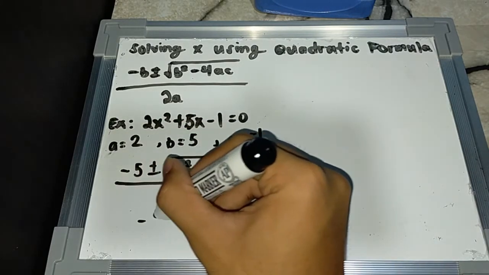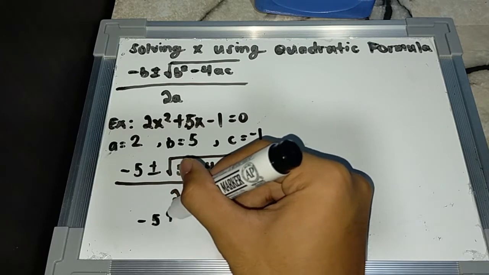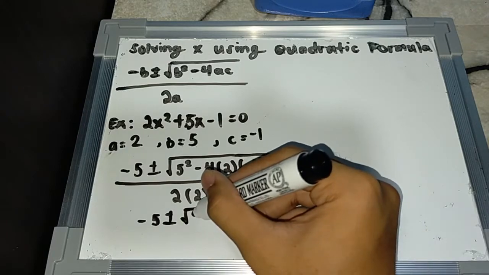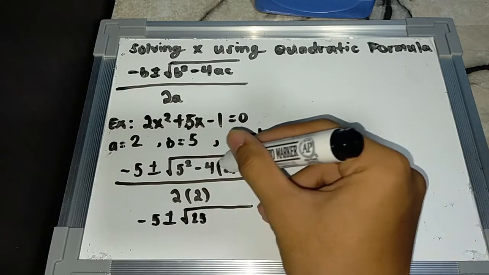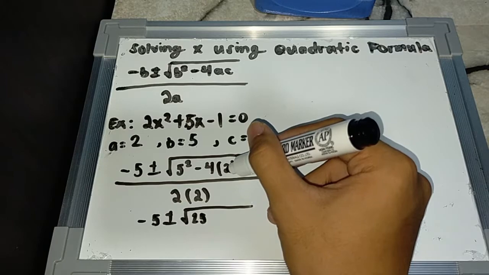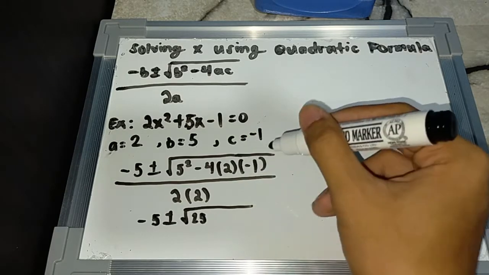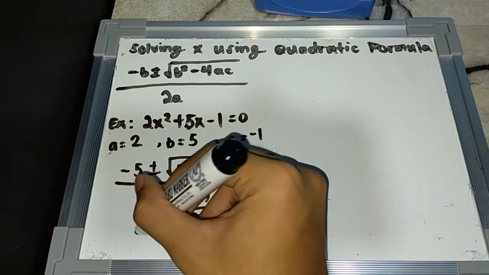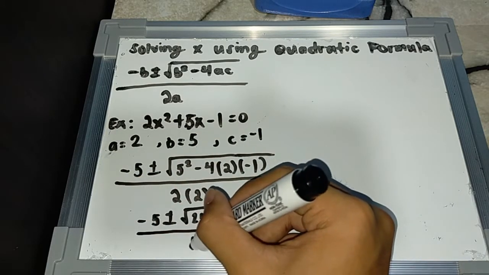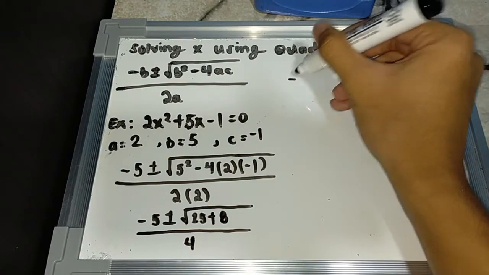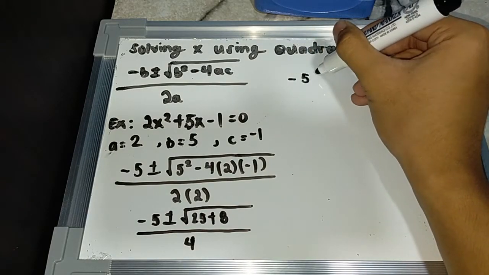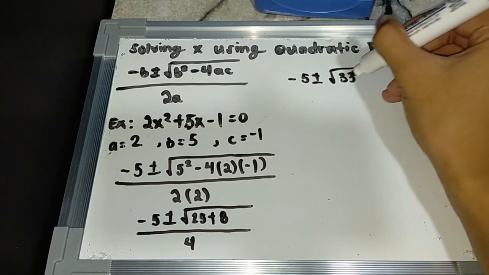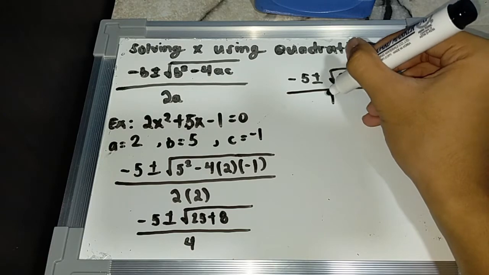Then simplify it, we have negative 5 plus minus square root of 25, negative 4 times positive 2 is negative 8, times negative 1 is positive 8, all over 2 times 2, 4. Simplify it again, we have negative 5 plus minus square root of 33 all over 4.